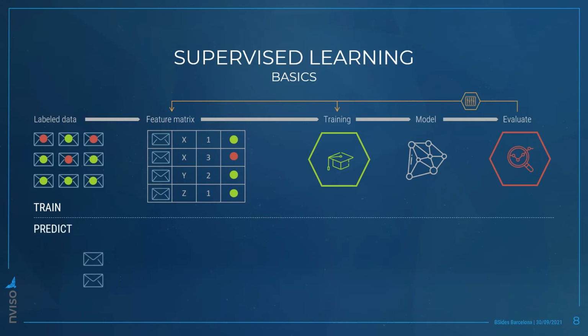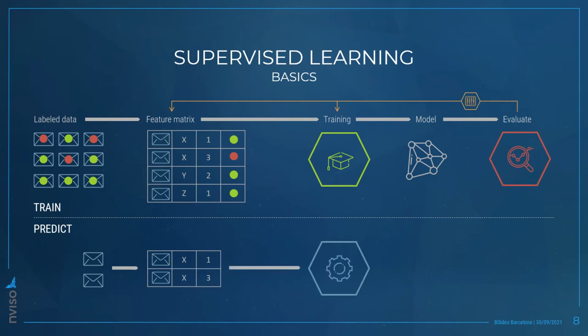So after completing the training process, then we can use it for prediction, which will mean we get an email. We also have to extract the feature or attribute vector as we did for the training data. And now we'll give it to the model that we've trained. And as a result, we get back a certain probability that the mail we gave it is a spam or a non-spam email.